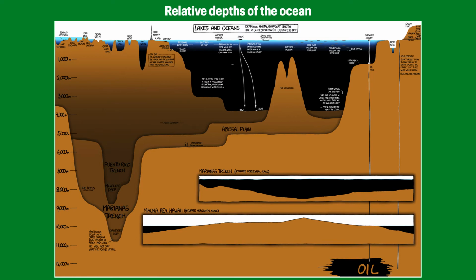You can see that this XKCD cartoon shows the Marianas Trench with an accurate horizontal scale, and you can see that it's a lot more gradual than what we tend to think. So the planet's big.